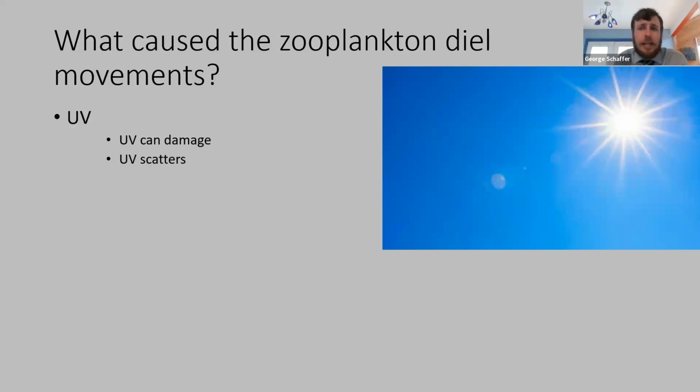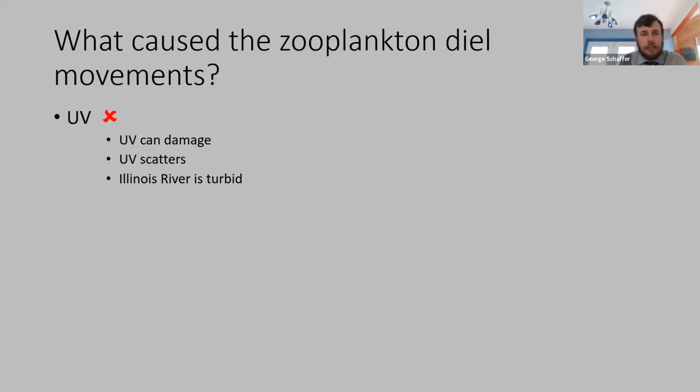However, UV does scatter in very turbid rivers, or in turbid waters, and the Illinois River is very turbid. So for this reason, we do not think that UV would have much of an impact on zooplankton within the Illinois River.